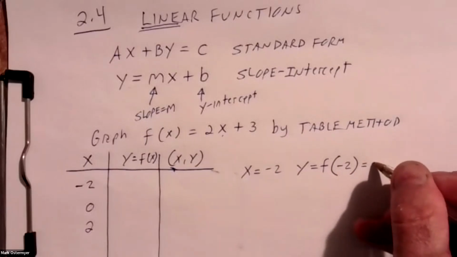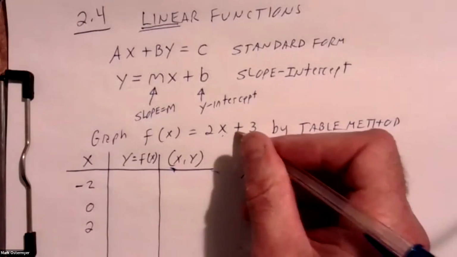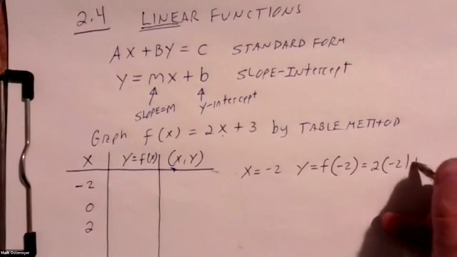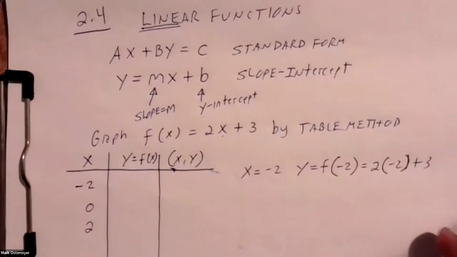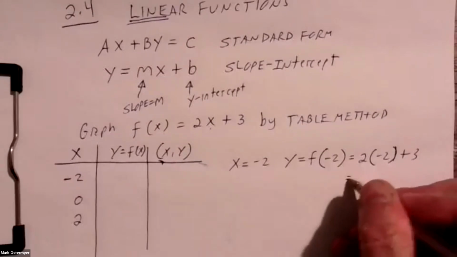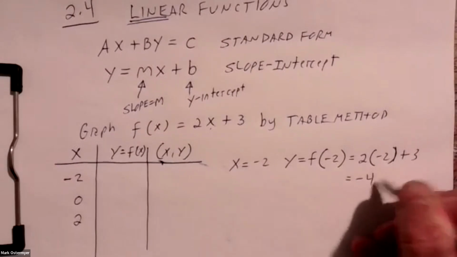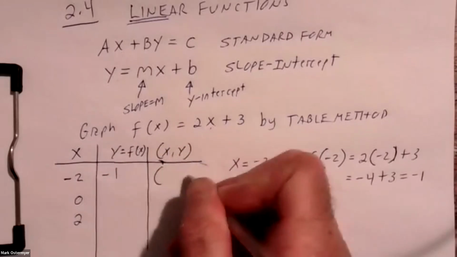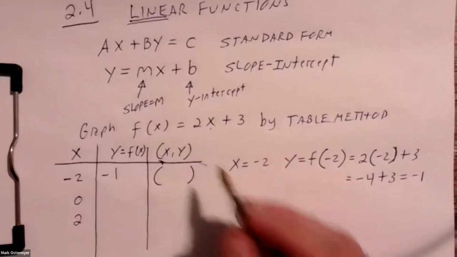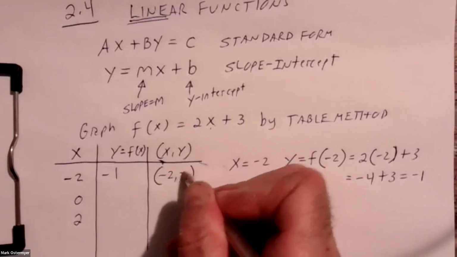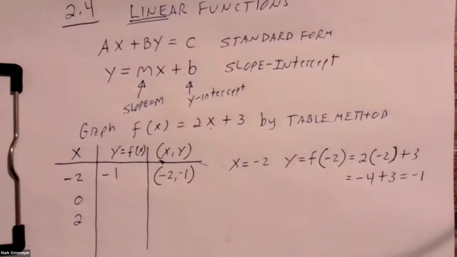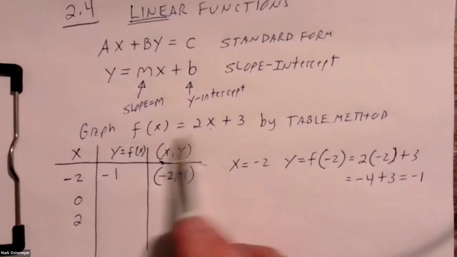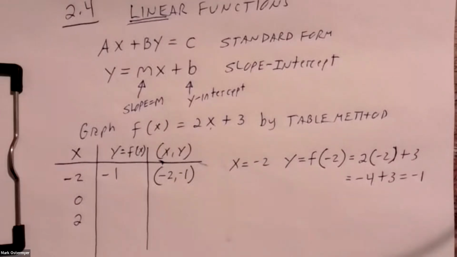So f of -2 is going to be 2 times -2 plus 3. And therefore, 2 times -2 is -4, plus 3 nets us -1. Hence, one ordered pair solution to this linear function is going to be -2 comma -1. That's going to be a point that would lie on the graph of this linear function here.